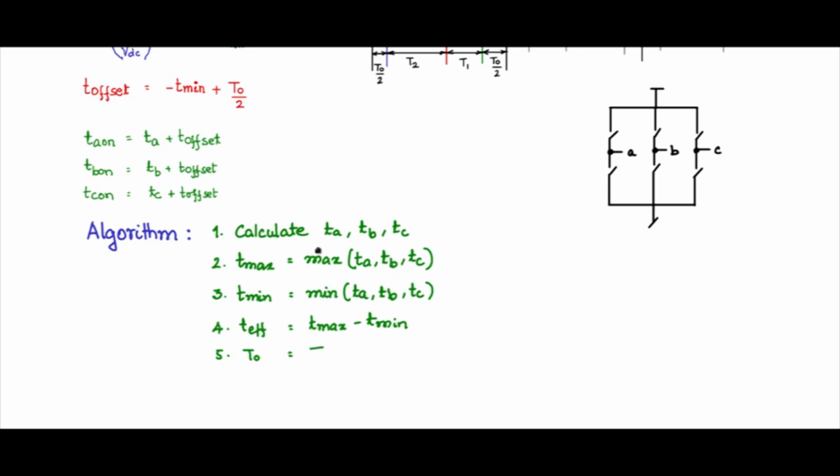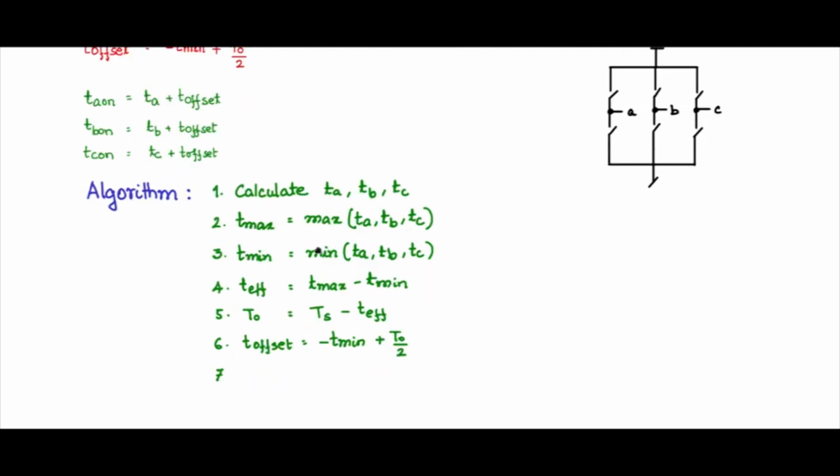Next, calculate T naught, which is TS, the switching carrier period, minus T effective. Then calculate T offset, which is minus T min plus T naught by 2, and then finally calculate TA on, TB on, and TC on using this relationship.